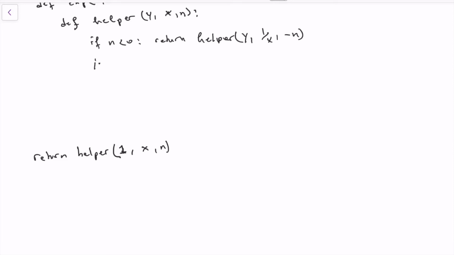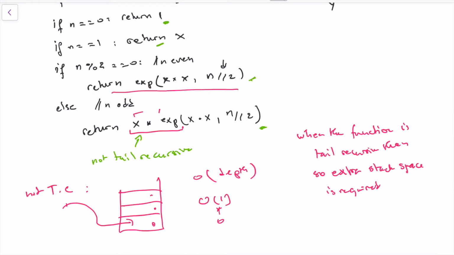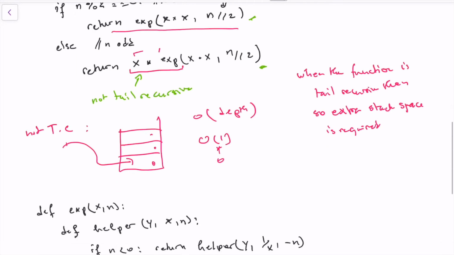For the base case, n equal to 0, we can just return the result that we stored in y, so that would be just return y. So it's essentially 1 multiplied by y, which is just y. And if n is equal to 1, before we were returning x and just letting the recursive call bubble up, right?